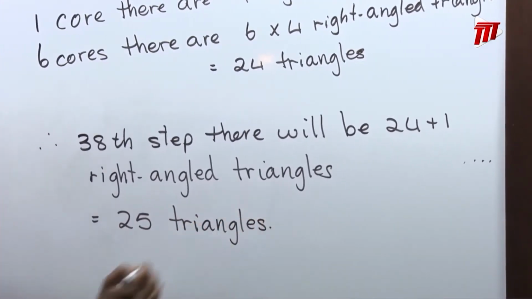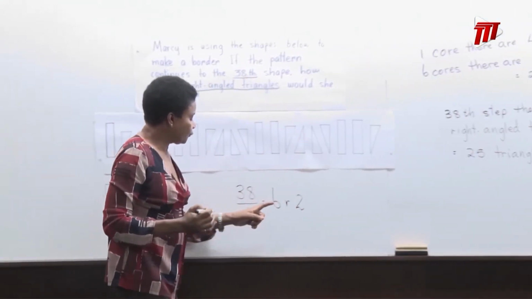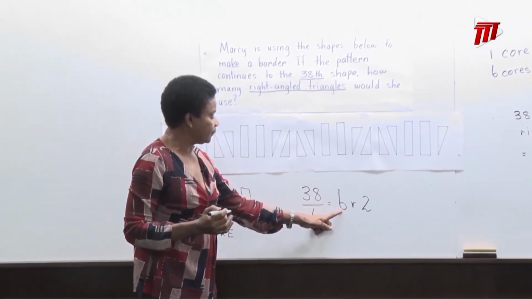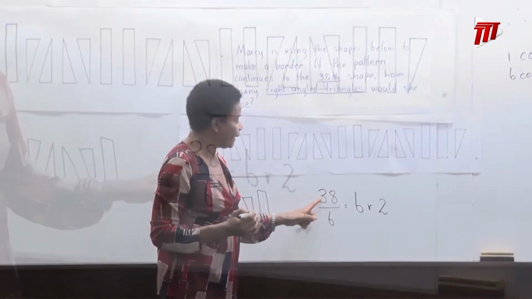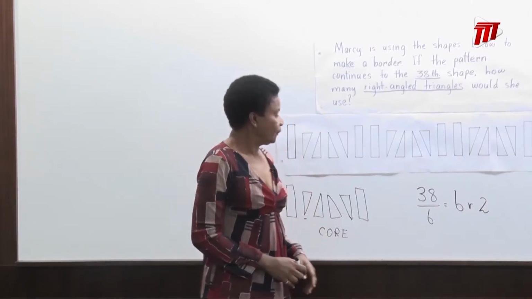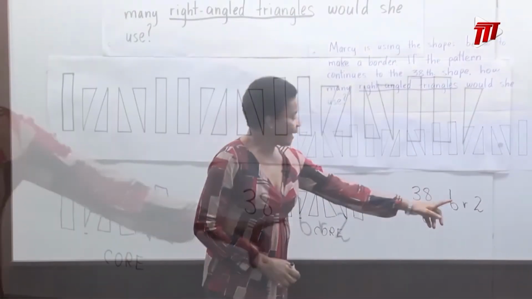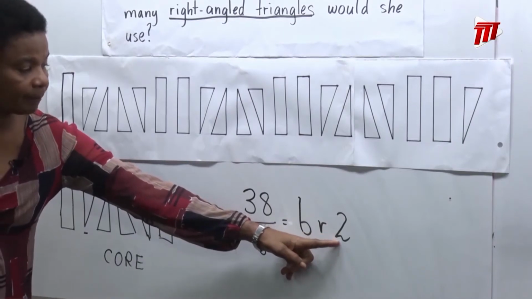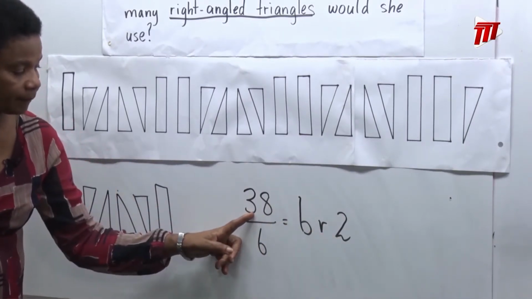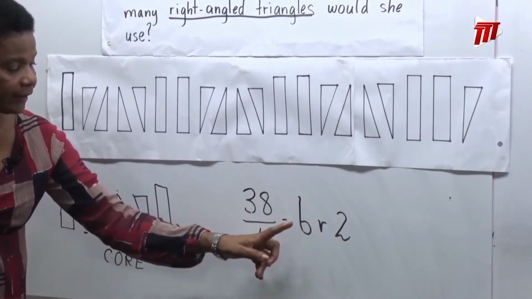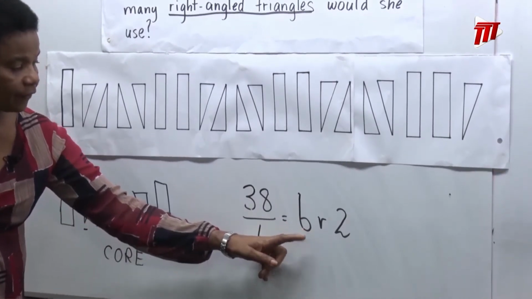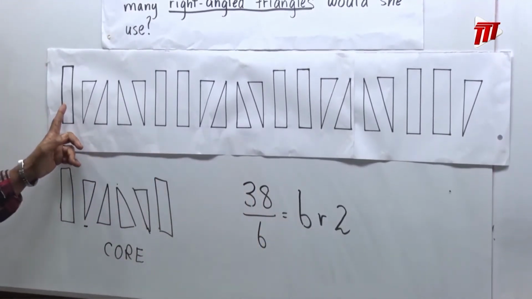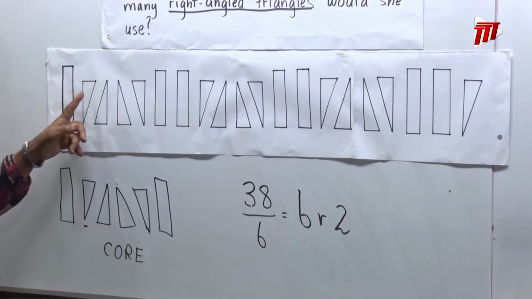Remember that it is not only 6 cores we need, we need the 38th step. So therefore, we need the extra 2 to complete the 38th step. 6 cores will only give us 36 steps, so we need to start the 7th one, 37, 38.